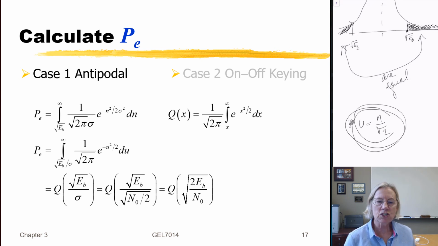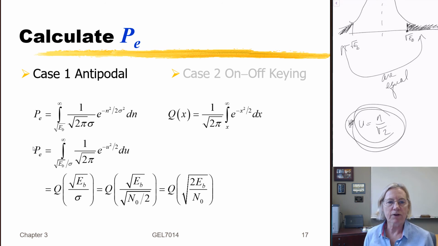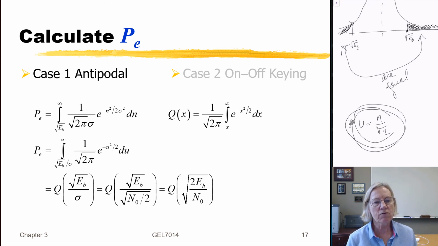If we make this substitution, then we get this equivalent integral, and that one looks just like our Q function that we've defined. So using this name for this integral, we can say that the probability of error for antipodal signaling is the Q function of the square root of EB over sigma.